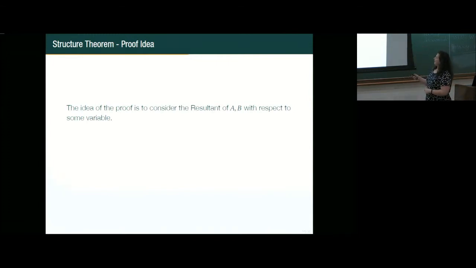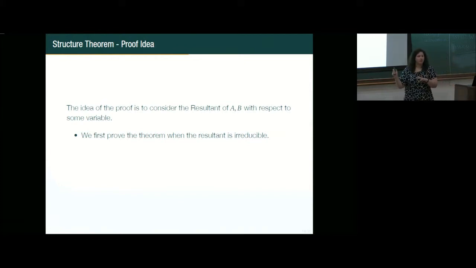The resultant is the determinant of the Sylvester matrix of A and B. A very interesting property of the resultant is that if A and B have a common factor, the resultant is identically 0. So we consider the resultant of A and B, and we first prove that the theorem holds when the resultant is an irreducible polynomial. It's not a quadratic, it's of degree 3, but in this case, if it's irreducible, then it must be that the first case holds.